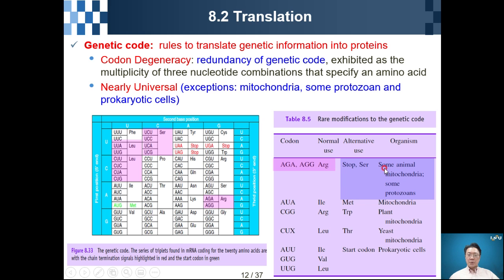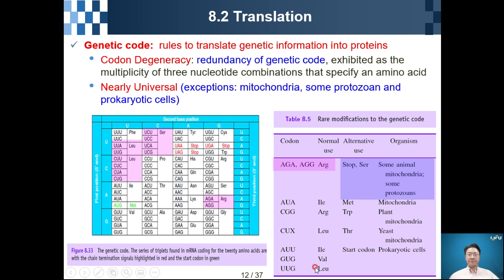For example, in some animal mitochondria or some protozoa, this codon can be used as a stop codon or serine. So there is another exception, and we will see some details.